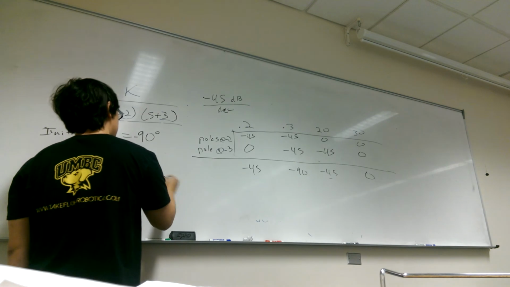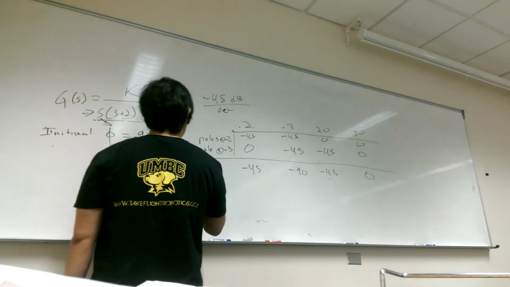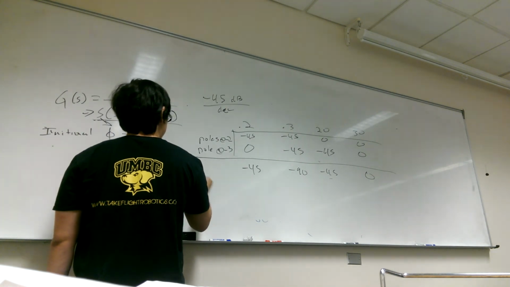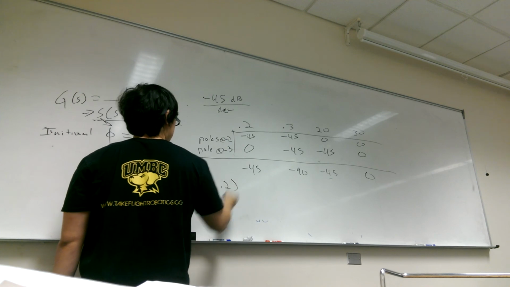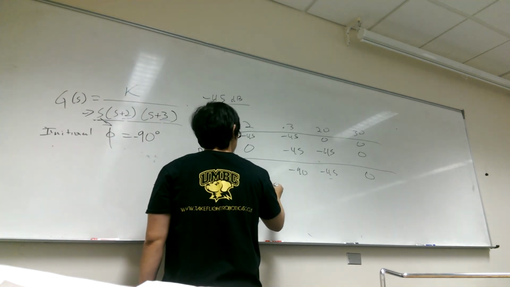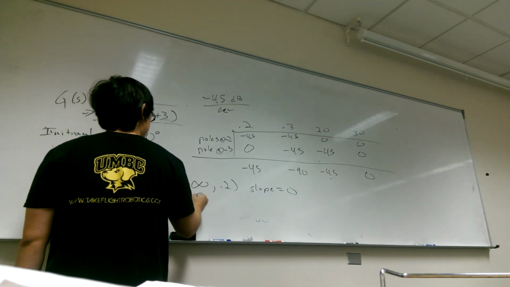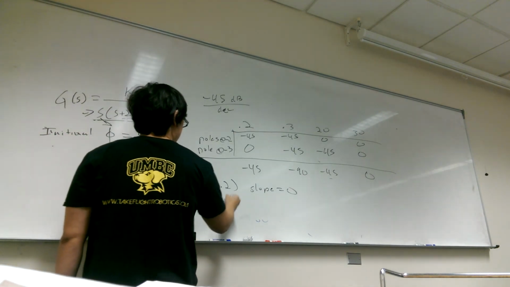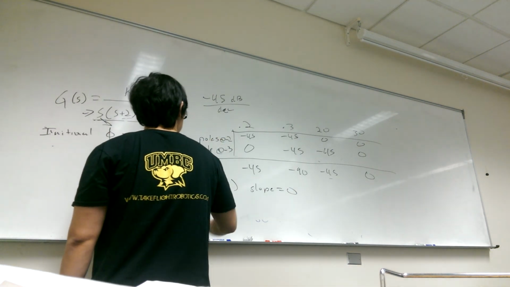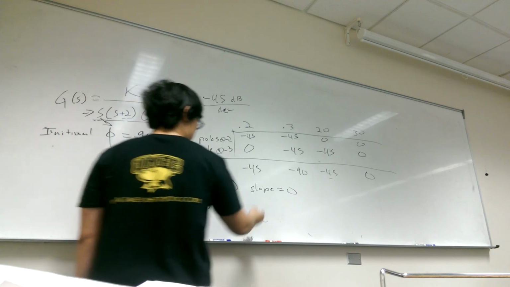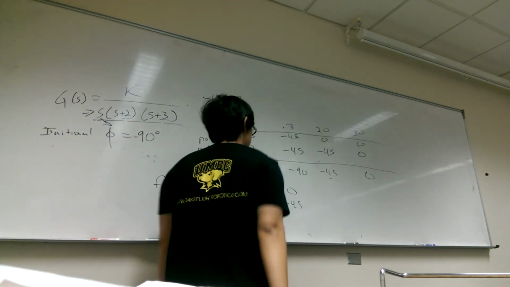So for -infinity to 0.2, slope equals 0. For 0.2 to 0.3, slope is equal to -45.